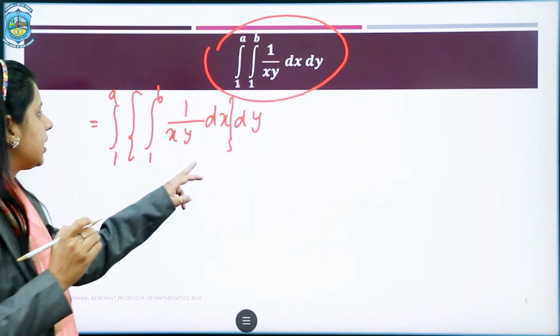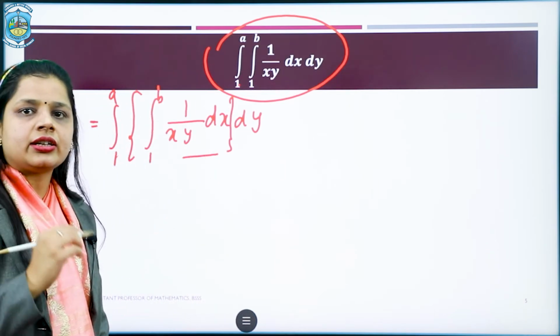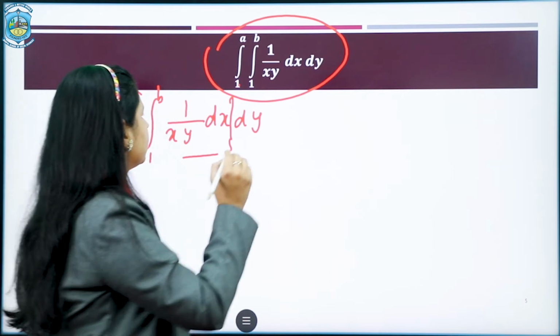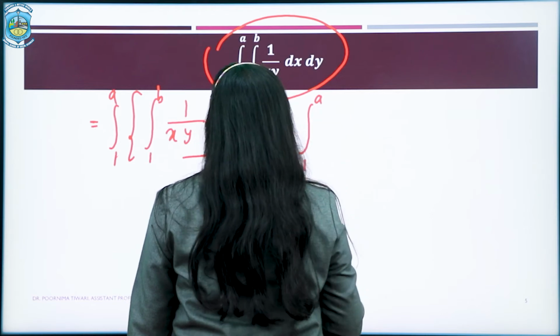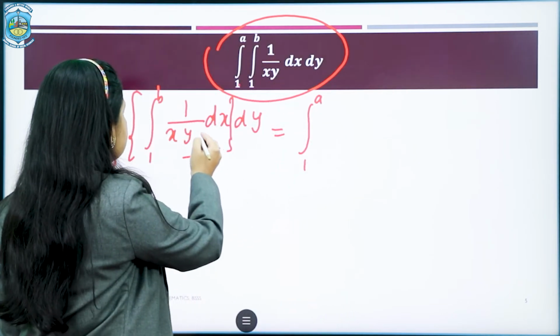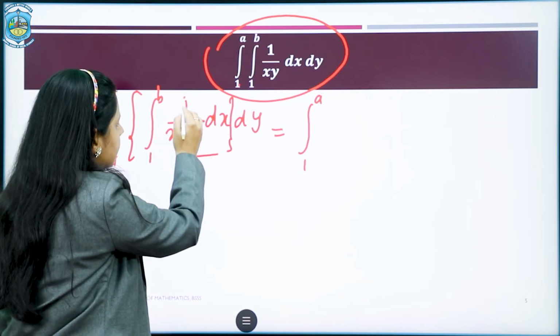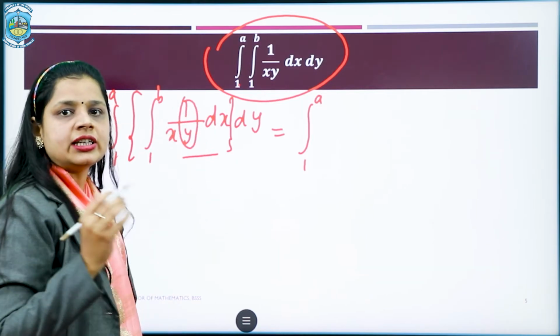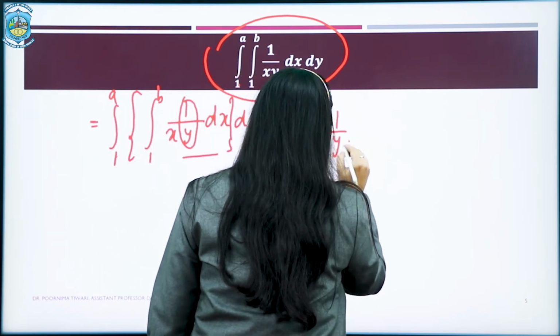First, we will integrate with respect to x and then we'll integrate with respect to y. Now, this first integration will be as it is. When we integrate 1 upon xy with respect to x, this term 1 by y will be treated like a constant, so we'll write it as it is.